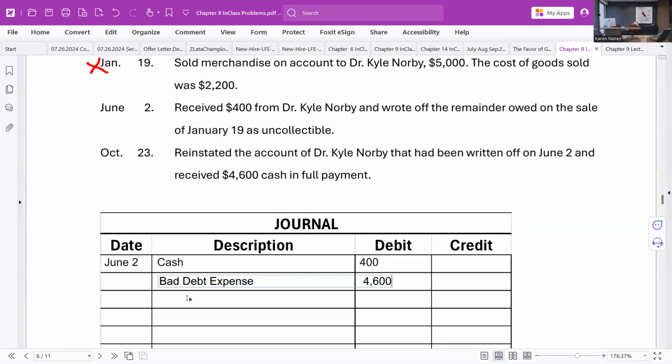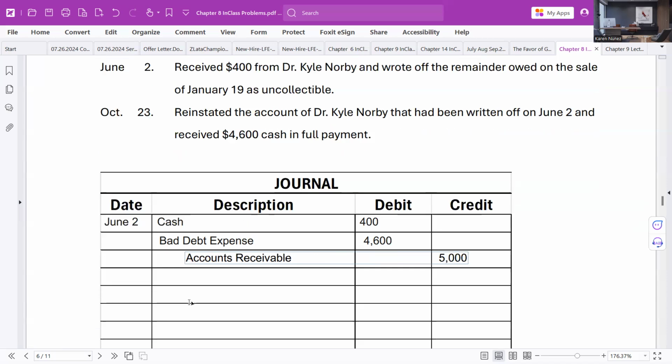And we got to make sure we remove that account. All $5,000 of that sale needs to be removed. And as luck would have it, they're able to recover something. So on October 23rd, it turns out that the customer is going to be able to pay in full. So we got to reinstate that account receivable. We've got to reverse what we did.